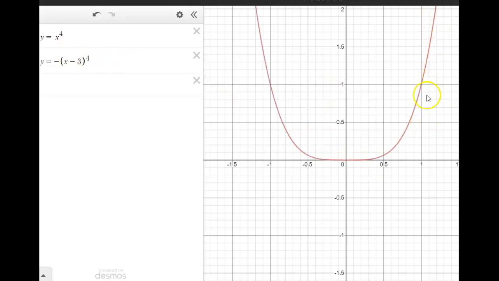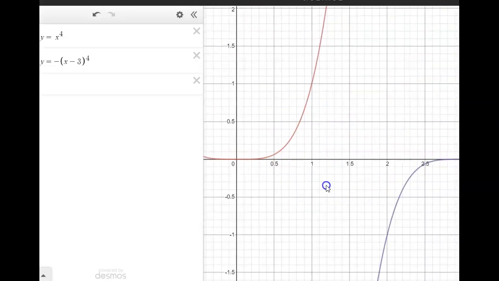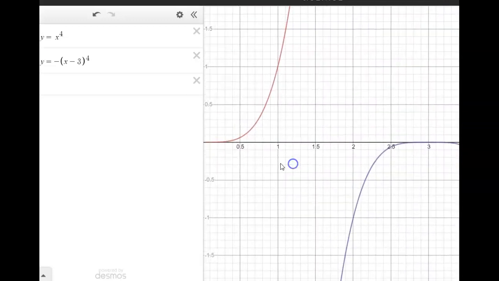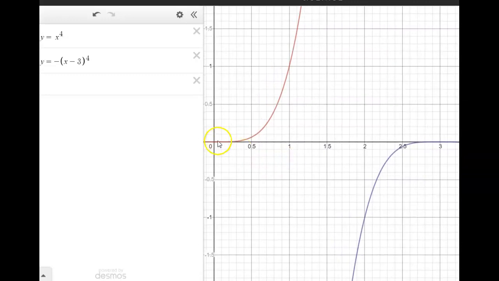So here in red is the parent function, and here in purple we can see how it shifted 3 units. You see here from the point (0, 0) it shifted 3 units to the right, but also the negative outside the parentheses indicates a reflection across the x-axis.